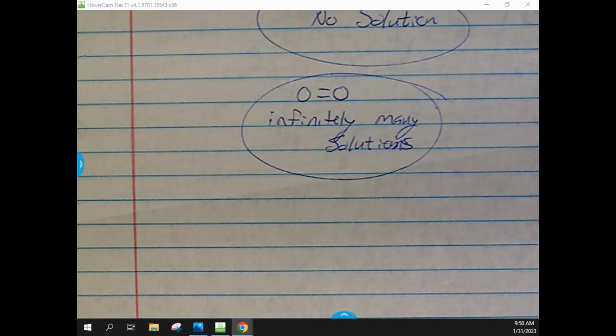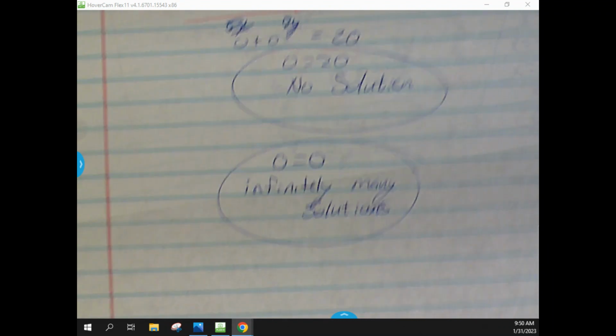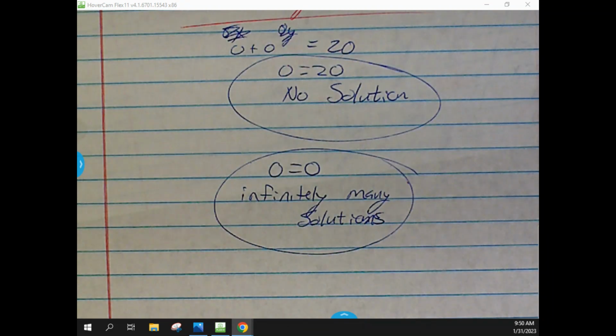So realize those 2 cases we were working with a while back when we were solving equations, how sometimes you would get those answers. Those 2 possibilities still pop up as you work through some of these problems. So you may still get some no solution and some infinitely many as you go through these.